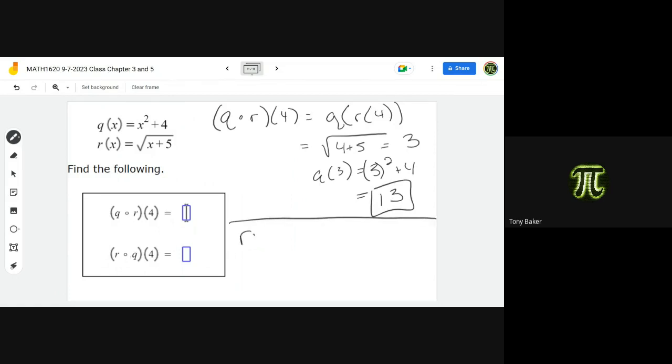The other one would be R composed of Q of 4. So it's the same thing, just reversed. Now it's the R on the outside and the Q on the inside.